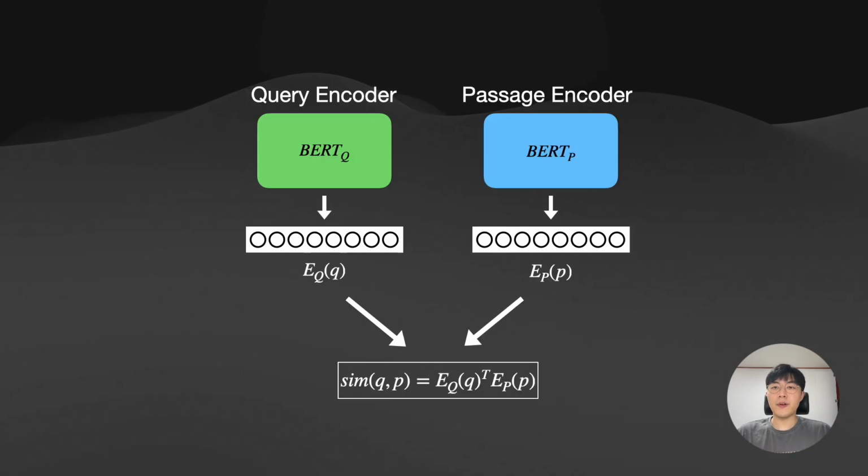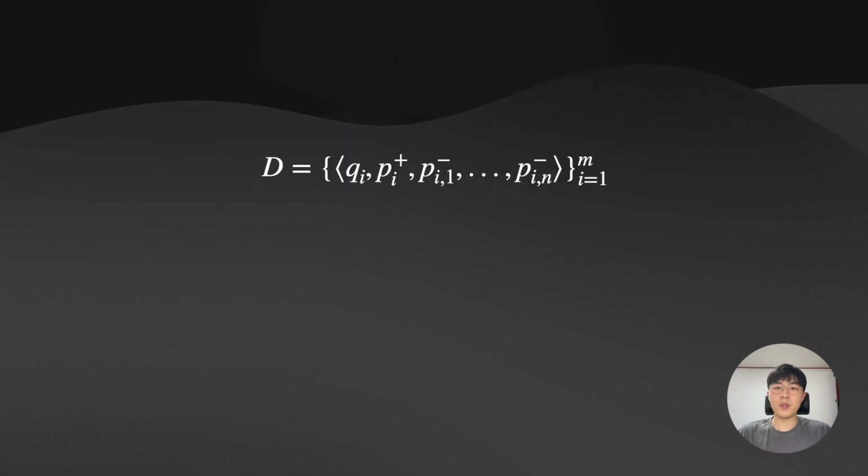Before getting to the paper, let me explain the basic components of a retriever briefly. Retriever consists of two types of encoders, which are a query encoder and a passage encoder. To find relevant passage to the given query, it uses maximum inner product search with dot product of their vectors. When training a retriever, we need a relevant passage and several irrelevant passages for a given query.